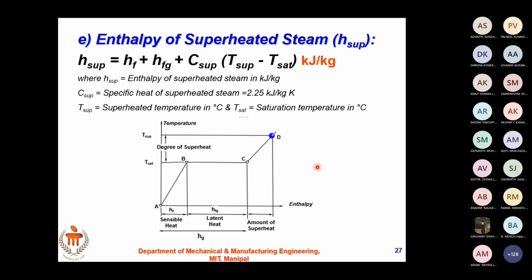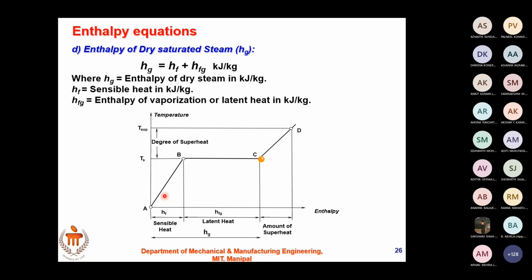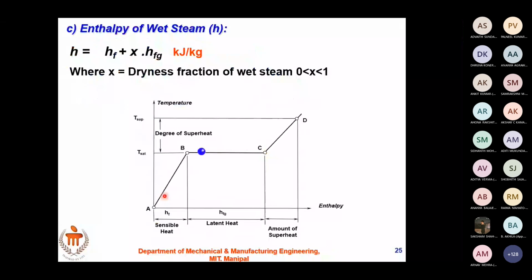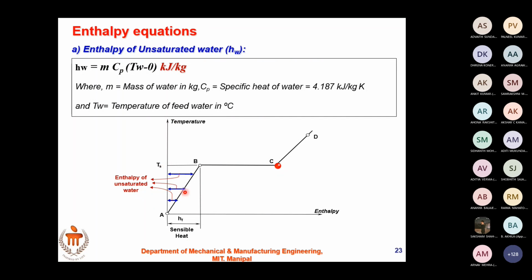That's why, when I say enthalpy of unsaturated water, can I go back to the previous slides if this is done? Yes, ma'am. If I take the enthalpy of unsaturated water at this point, what is the energy content that is added to the water to raise it from 0 degrees Celsius to here?